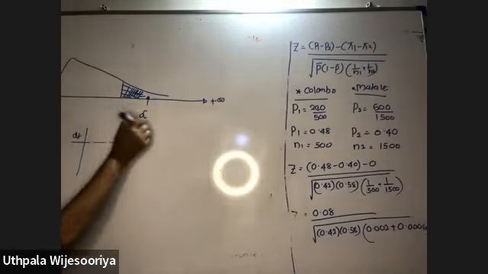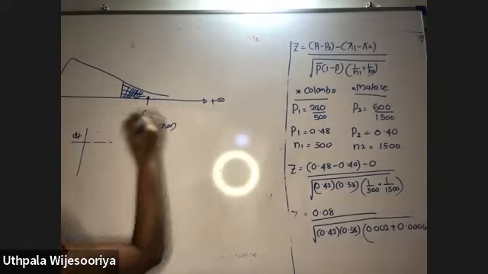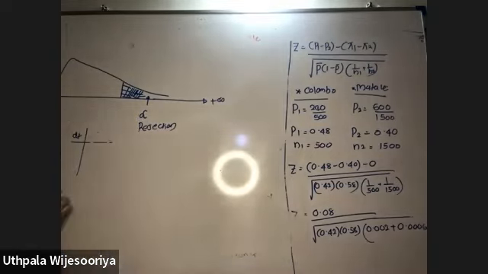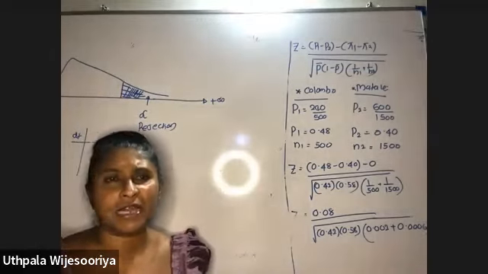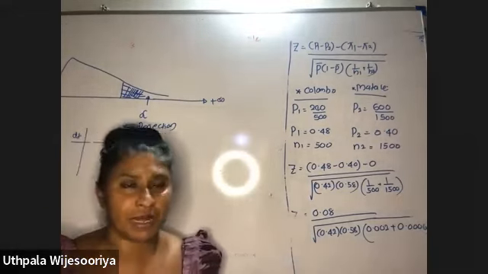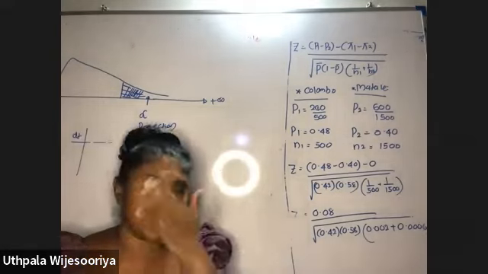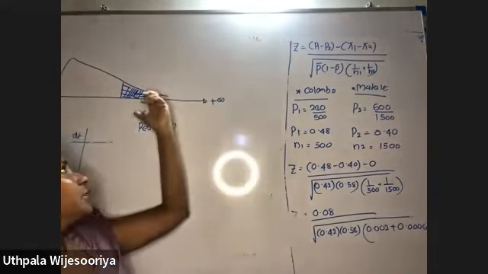This shaded area is the rejection region, and there is a set of values depending on the degrees of freedom. Again, this degrees of freedom is not n minus 1. Anyhow, it depends on the degrees of freedom and alpha, where alpha is the shaded area.